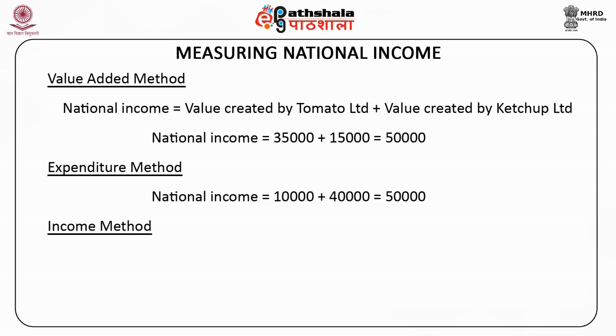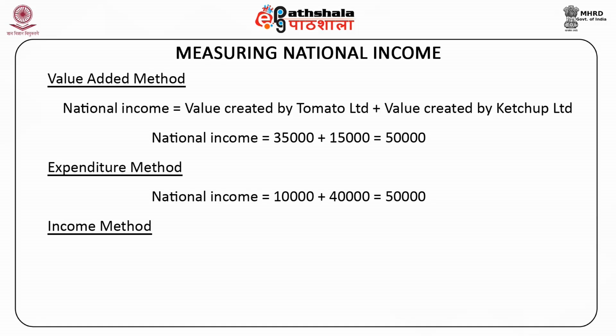Income approach. This approach sums the income received by all factors of production. In this example, the profits of Tomato Limited are its revenue generated minus wages, that is 20,000, and profits of Ketchup Limited are the revenue minus intermediate inputs and wages, that is 5,000.